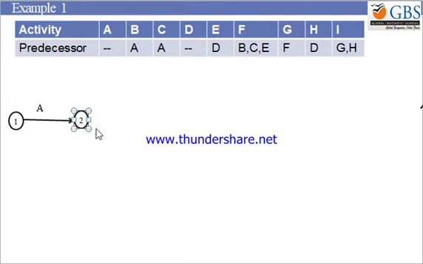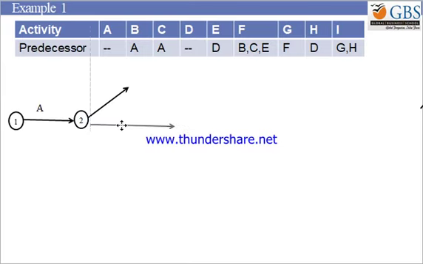Now from A, if I complete A, then I can draw B. I'm drawing it a bit vertically up because there is another activity, C, also there.